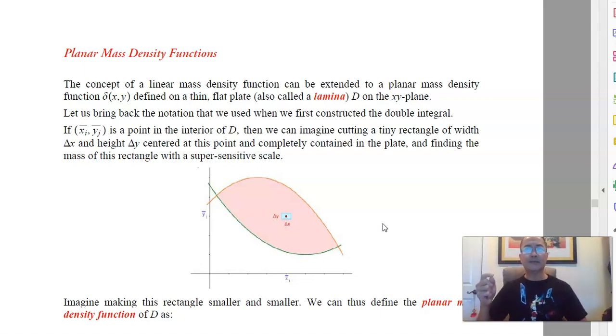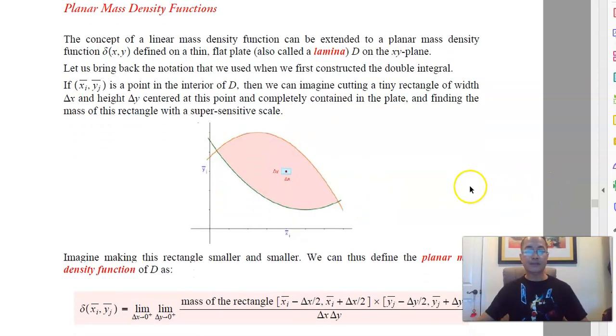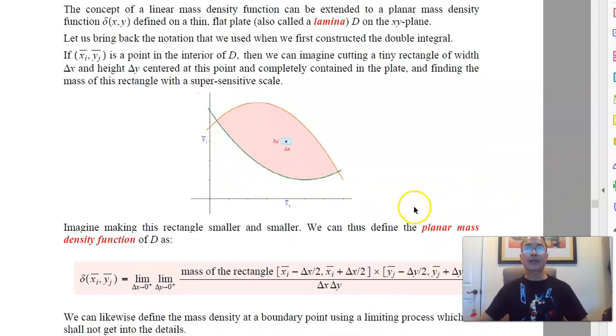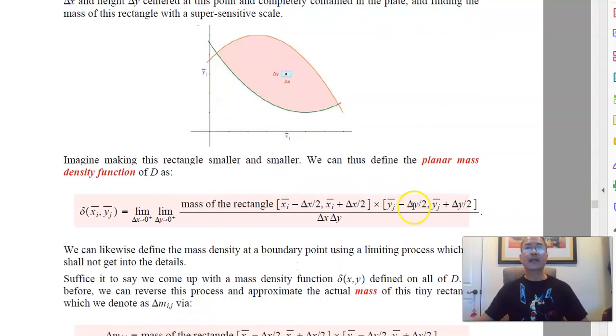So what is this density function? If we make this rectangle smaller and smaller, if we excise that little portion of that plate and we find its mass on a very sensitive weighing scale, and then we divide by the area of that piece.